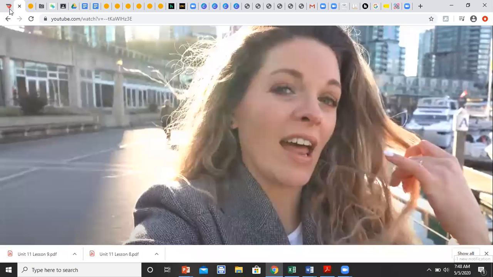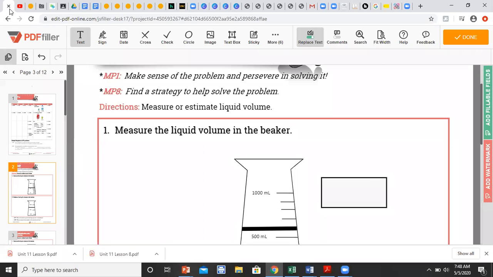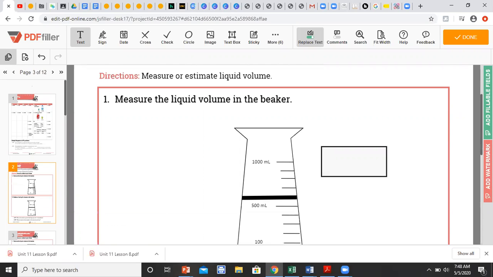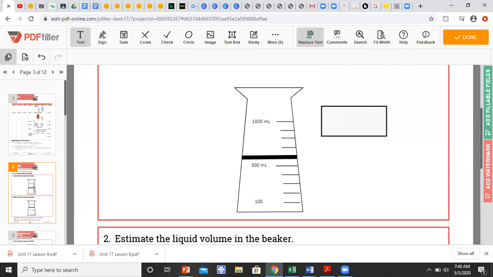Okay, boys and girls. So that was just a brief introduction to our lesson for today. As you remember, yesterday we began measuring liquid volume using both milliliters and liters. And we wanted to take a look first at how our beaker was separated, okay?